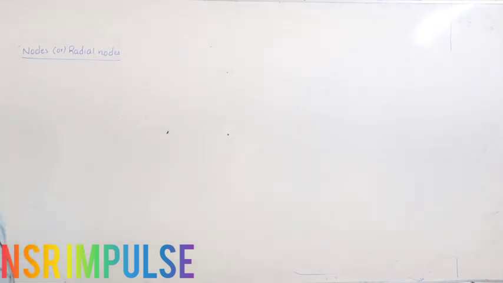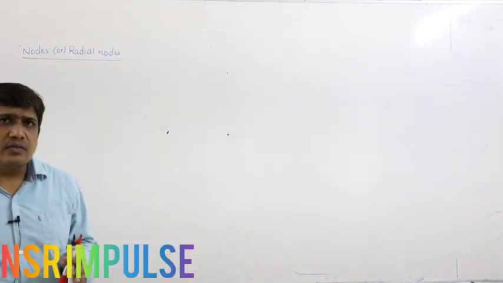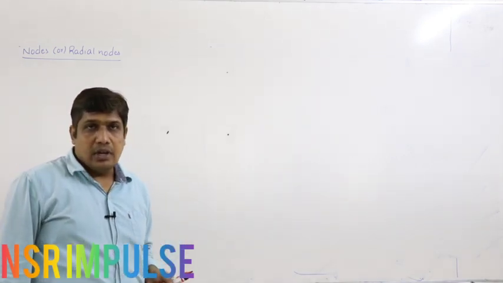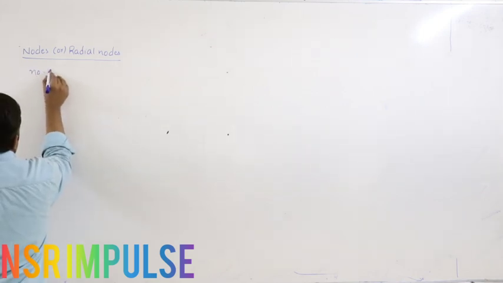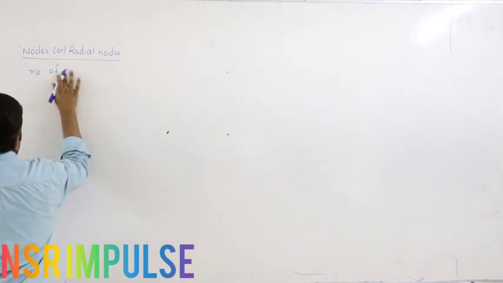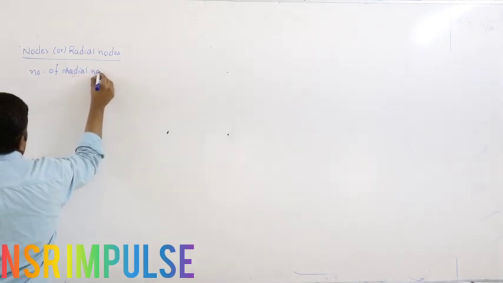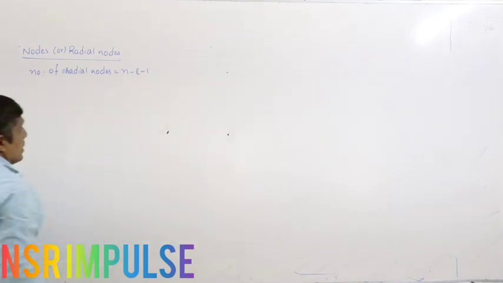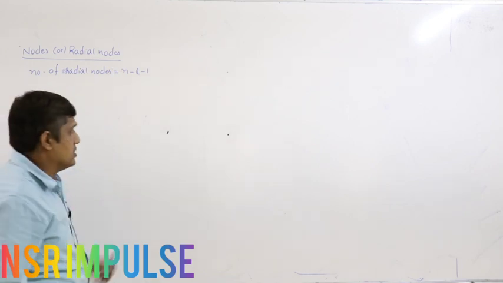It is a point or space around the nucleus where the probability of finding the electron becomes 0, right. So how do you find the number of radial nodes? Number of radial nodes is equal to n minus l minus 1. n is the principal quantum number, l is the azimuthal quantum number, 1 is a constant.